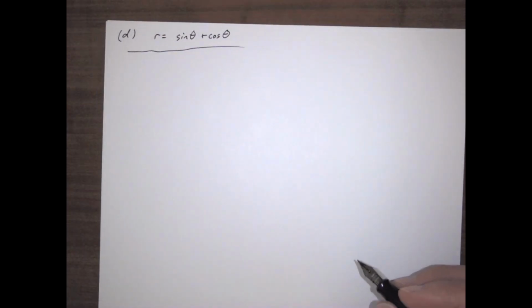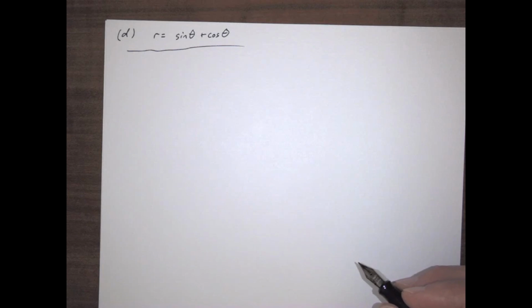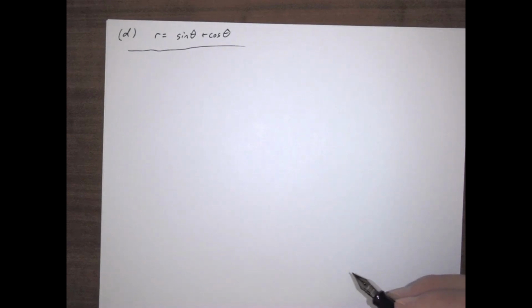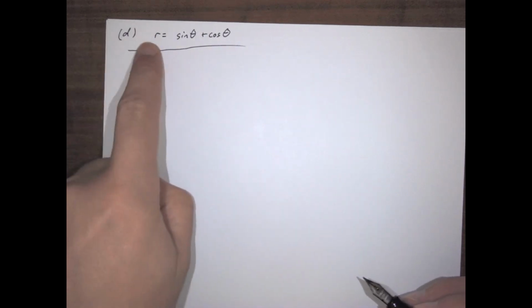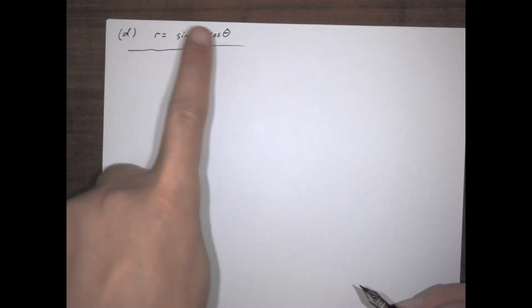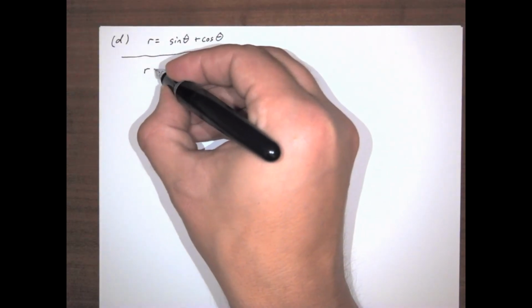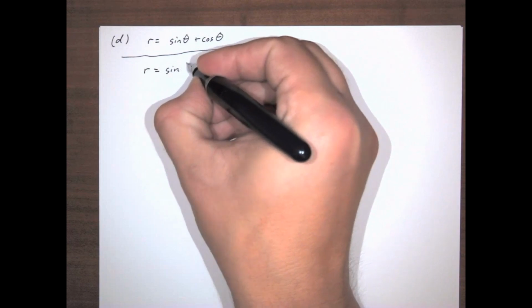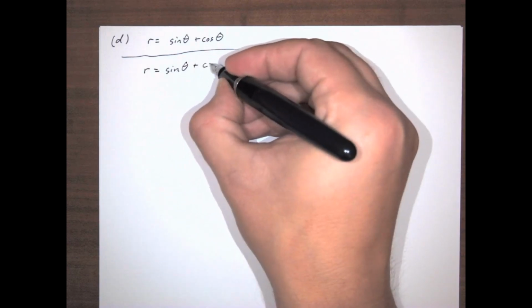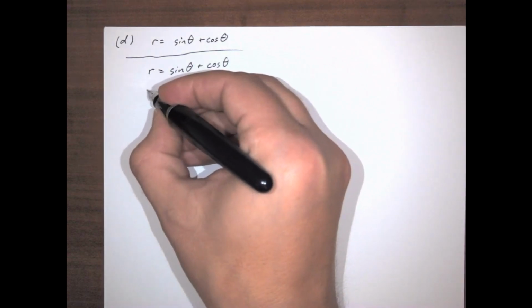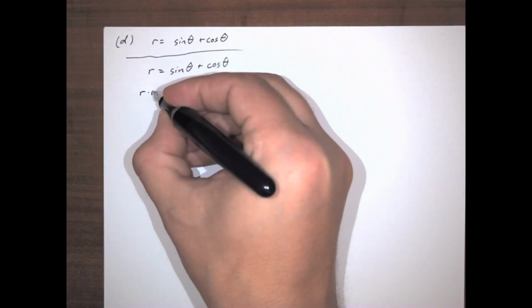What do I want? I want everything to be slightly different, and the way I want them each to be different is I want them all to be multiplied by r. I want that to be an r squared, I want that to be r sine theta, and I want that to be r cosine theta. So I'll just multiply by r.